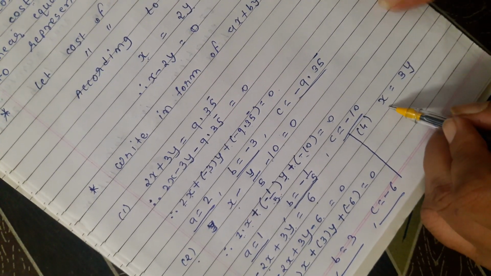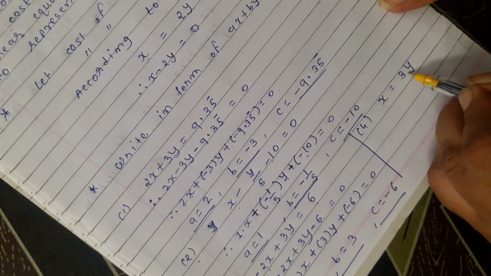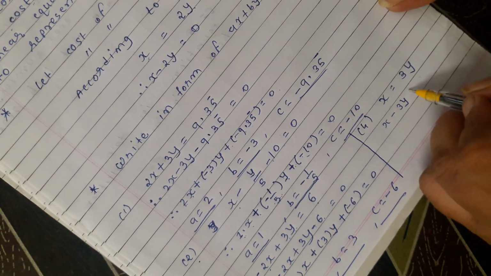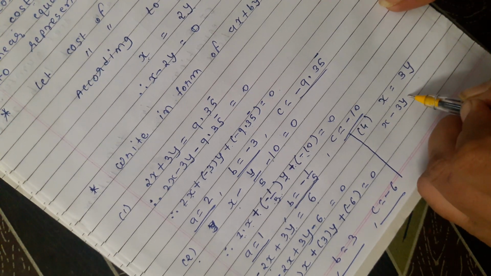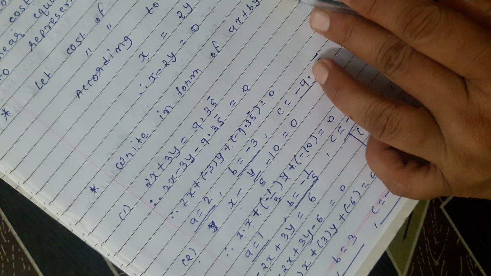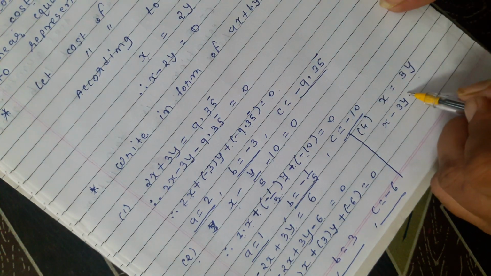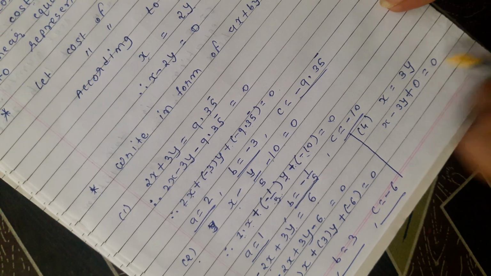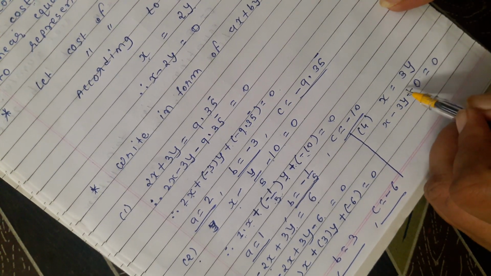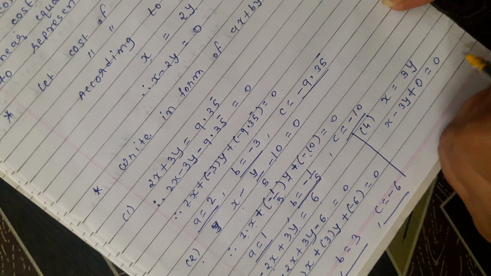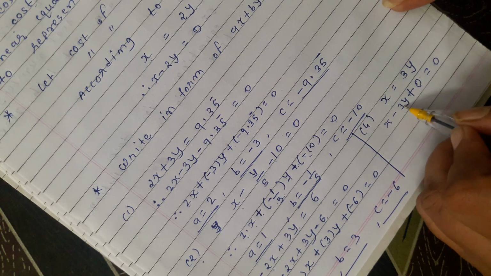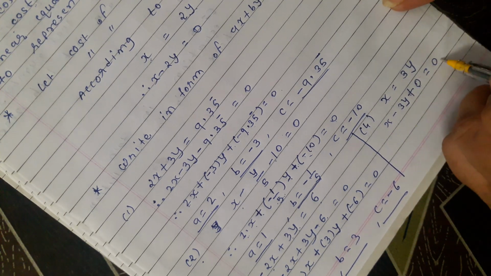Now in this equation, x equal to 3y, we write x minus 3y. Here there is no constant term, that is c. So we add 0 here, because if we add 0 to any number we get the same number. So taking 3y to the left hand side, x minus 3y, and we add 0.